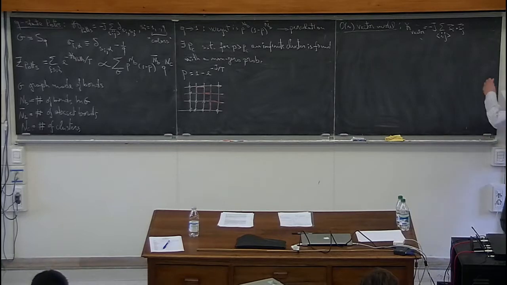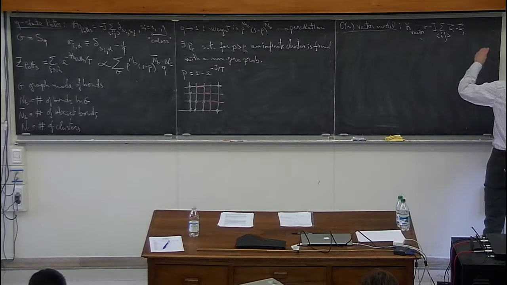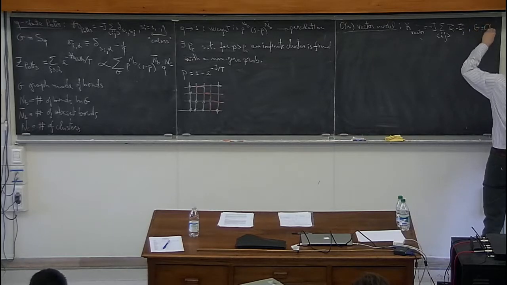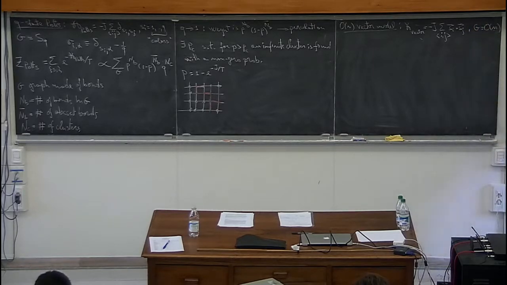And you see from the form of the Hamiltonian that the symmetry is the group O(n) of rotations of these vectors.